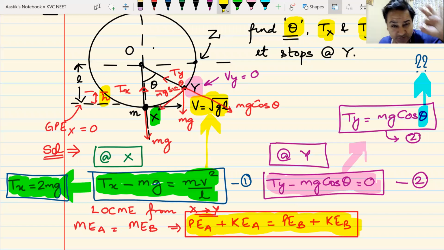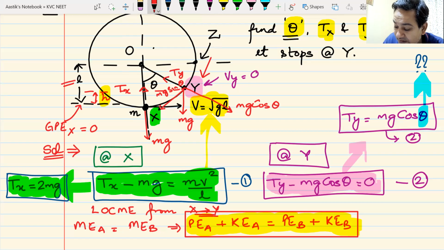If I can find out the value of this small h, I can find out the gravitational potential energy of point y. So now the question simply becomes, can you find the value of h? And yes, the answer is you can find the value of h.